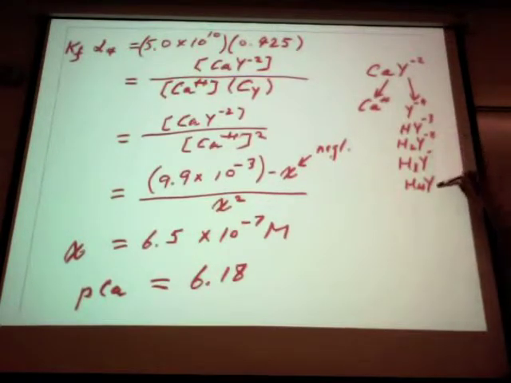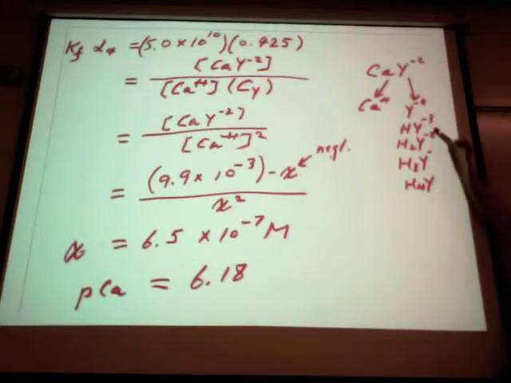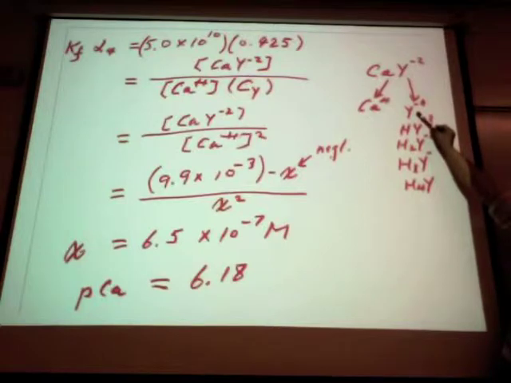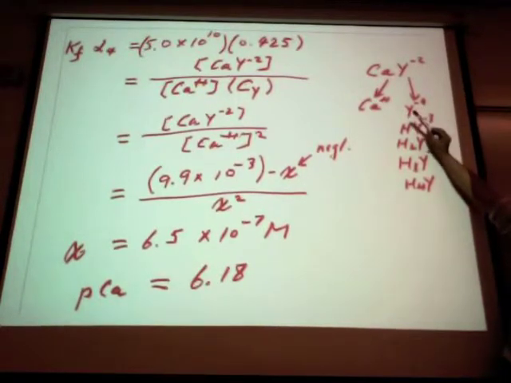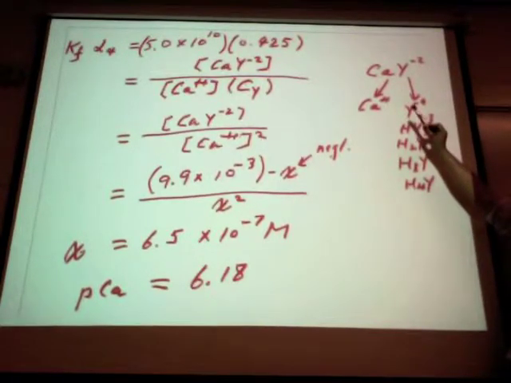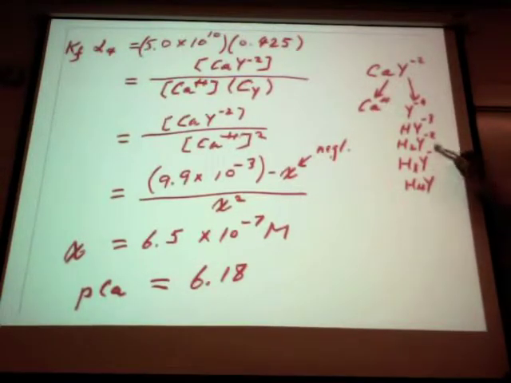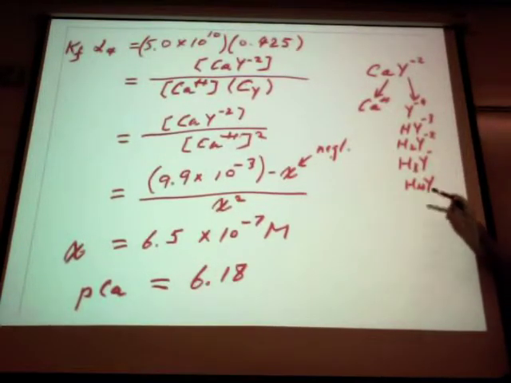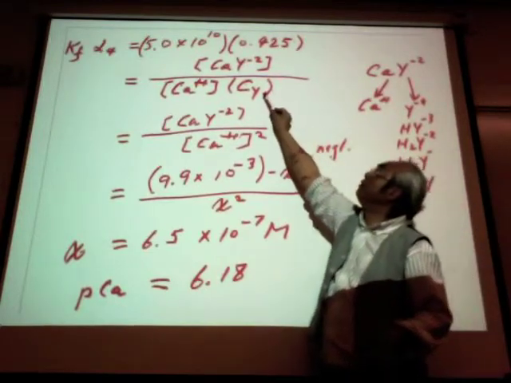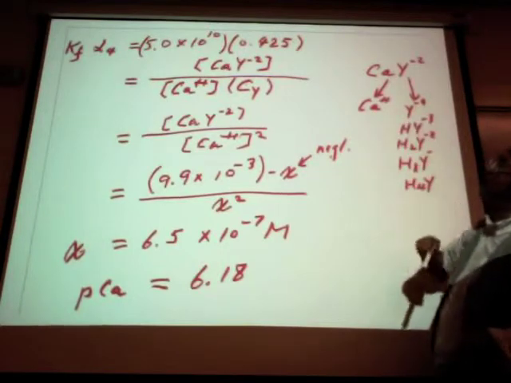All that becomes Cy, and you want to see within the Cy what fraction of the total is Y4 minus, because only this is going to be incorporated into the K expression. So now you understand the picture. Alpha 4 comes in to determine, of this total Cy, what fraction belongs to Y4 minus.